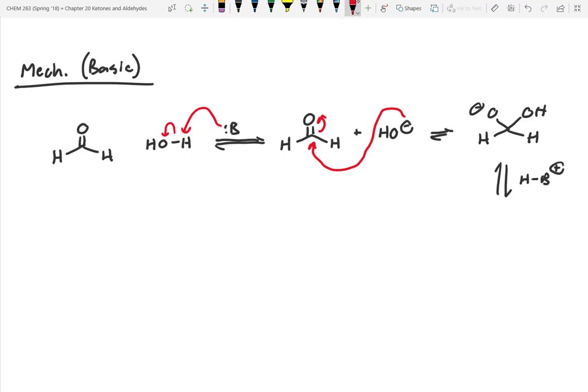And then your conjugate acid can donate the proton back. And you can end up with your hydrate. Let me flip this around just so it looks better. Just like before though, we can see our base is being regenerated. So again, the base is catalytic.